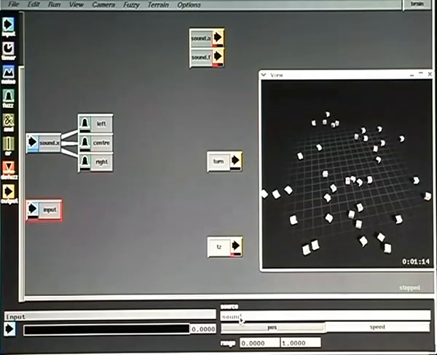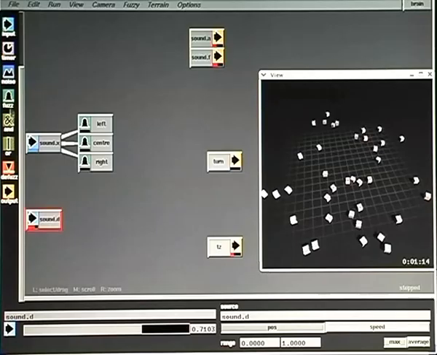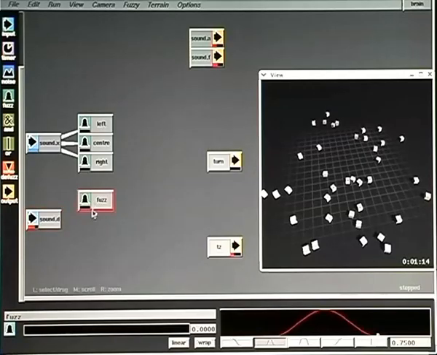So we bring on another input node and we set it to sound.d. The range of that is 0 to 1, and it's sort of like the vision.z in that the value of 1 represents close to the agent and the value of 0 represents very distant. So we'll make this near.